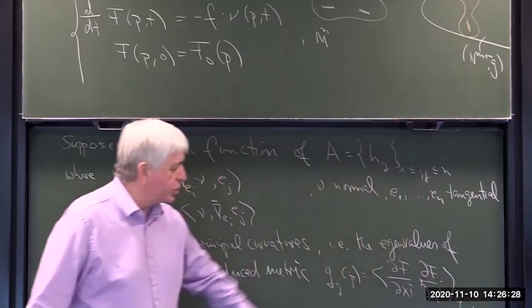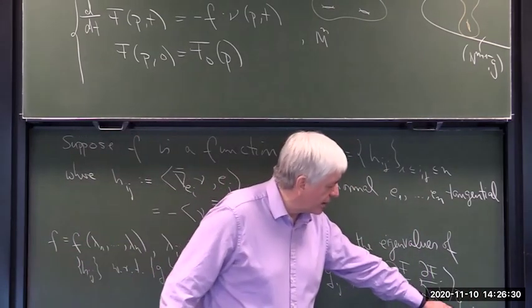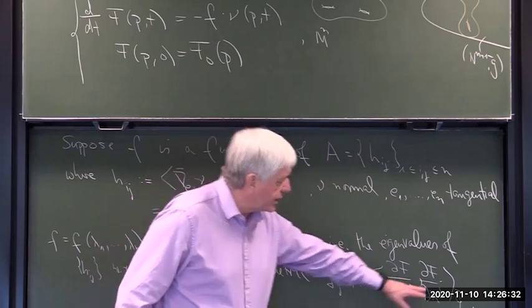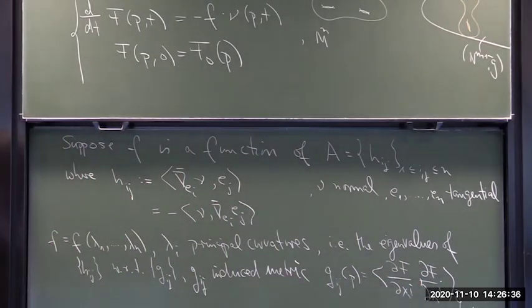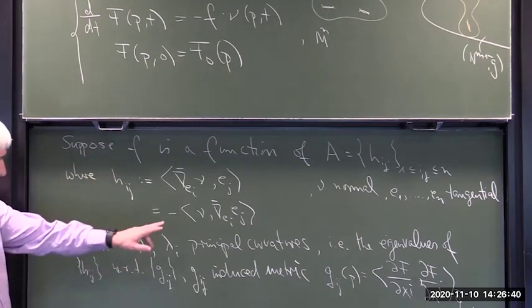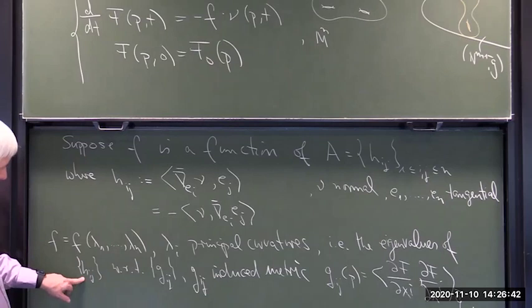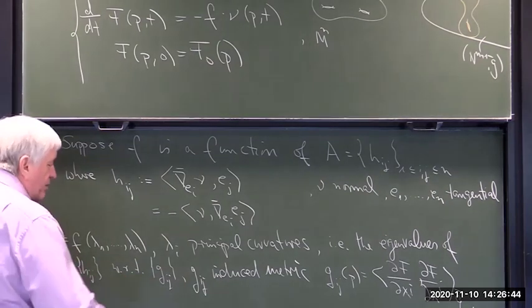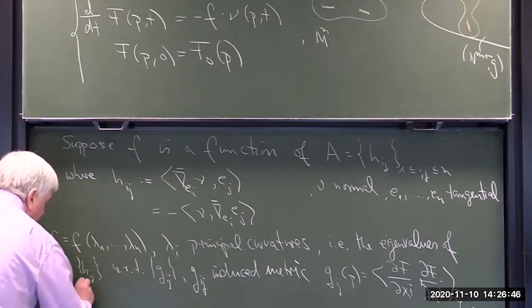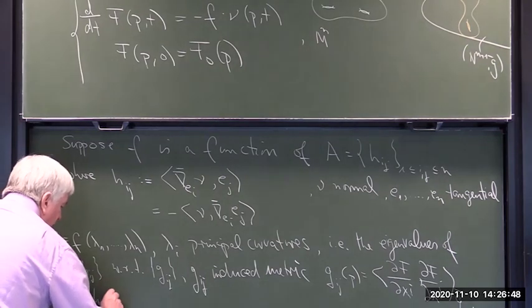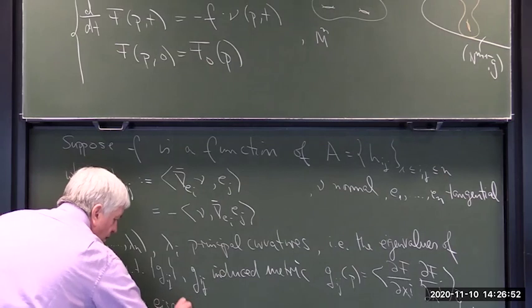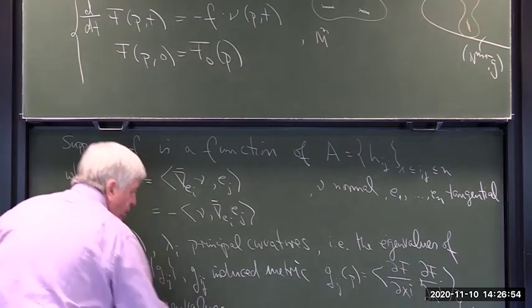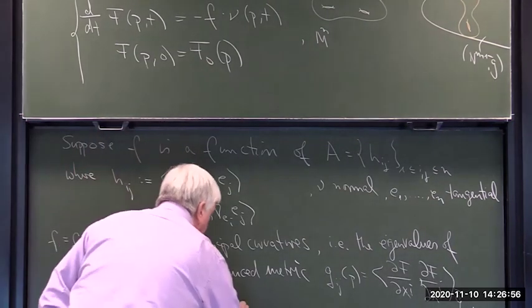So it's the restriction of the metric in the ambient space to the tangent vectors in the tangent space of the hypersurface. And when I say eigenvalues, I mean the eigenvalues of this matrix with respect to that matrix, which are the eigenvalues of the Weingarten map.